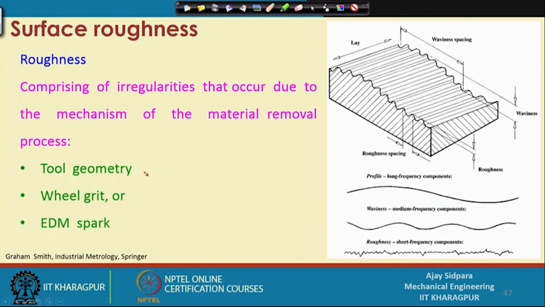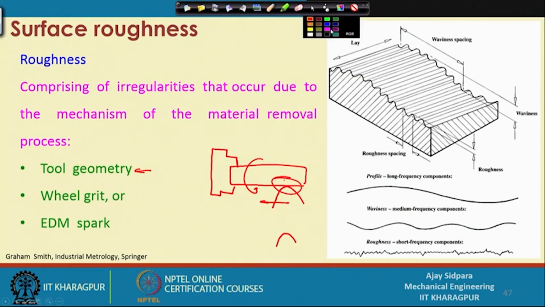Now, how will the tool geometry affect this? Because we know that there is something called the nose radius, correct. Now let us consider that we are turning one workpiece, right. So, this is the workpiece and we are turning, rotating it in this direction. If you zoom into this particular area, your tool is actually penetrating inside, and this is your workpiece.